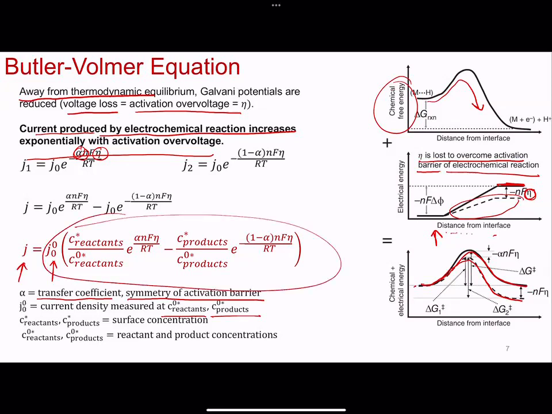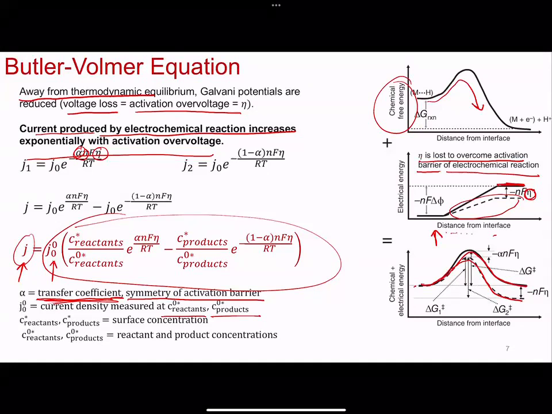Right. So that is the Butler-Volmer equation. It takes into account the transfer coefficient and how much of the activation overpotential will impact the current density that you measure.